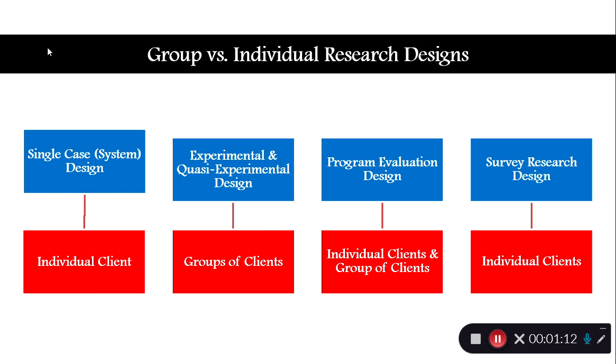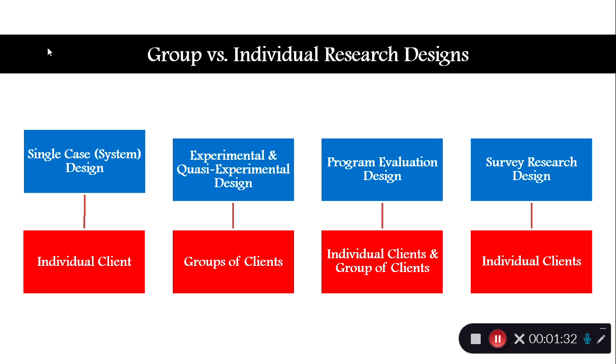So the first thing I'd like you to understand is the difference between group and individual research designs. Single case or single system designs are more geared toward individual clients, whereas experimental and quasi-experimental designs are more geared towards groups of clients.